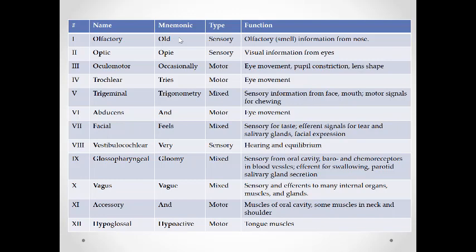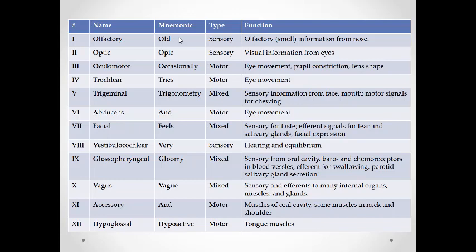Abducens is involved with eye movement, and it's for a specific muscle. Facial nerve, this is involved with sensory taste, efferent signals for if you're crying, for tear and salivary glands, all of those facial expressions, all of those are controlled via your facial nerve.